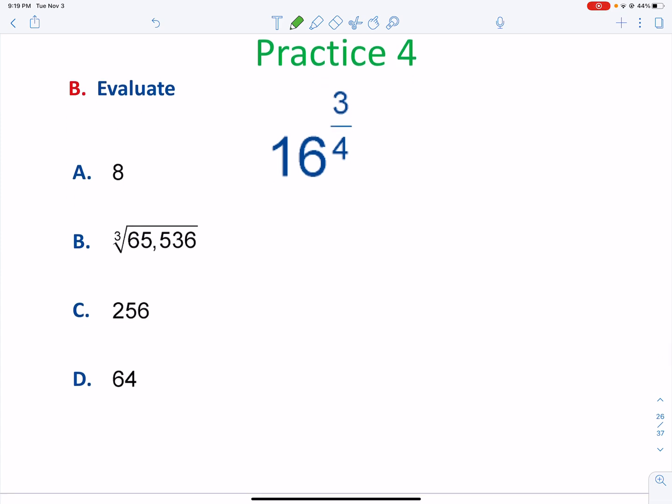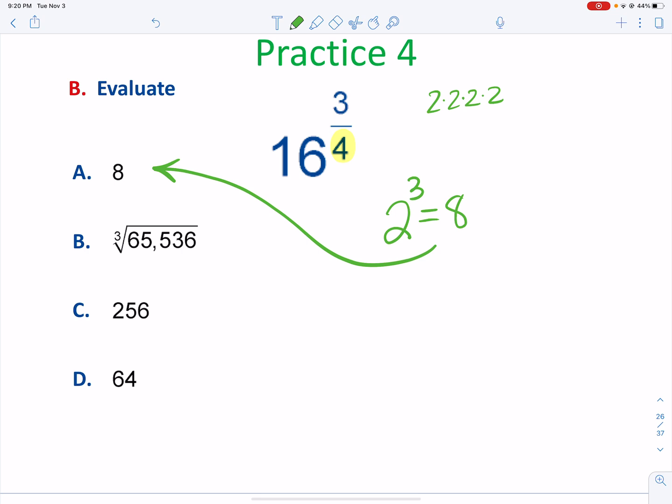I didn't ask you to memorize 16 cubed. But I do know that the 4th root of 16 is 2 times 2 times 2 times 2. So the 4th root of 16 is 2. And 2 cubed is 8. So my answer on this is 8. This would be on the no calculator part of the test. You should be able to do this one without a calculator.